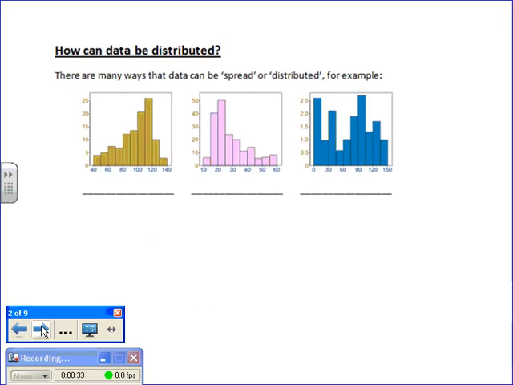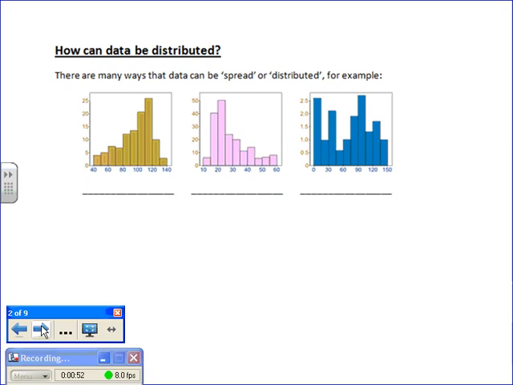So let's talk a little bit about how data can be distributed. We've seen some frequency graphs already, or histograms, polygons, where we graph some intervals on the bottom representing the data and the frequency at the top. And depending on what that graph looks like, it could be spread in different ways.